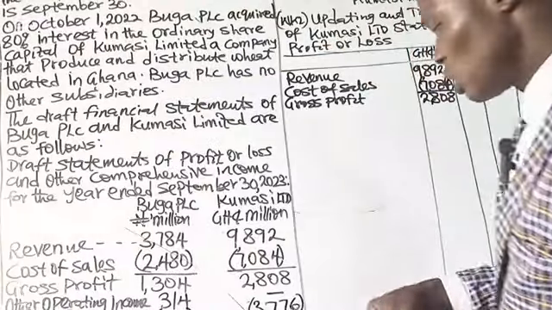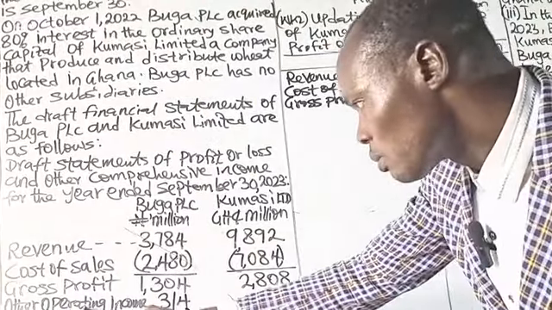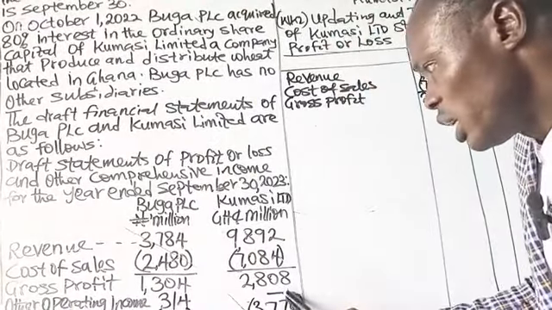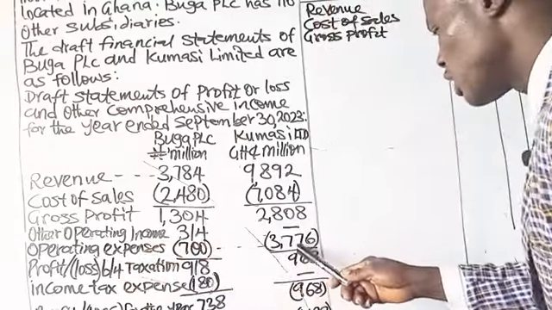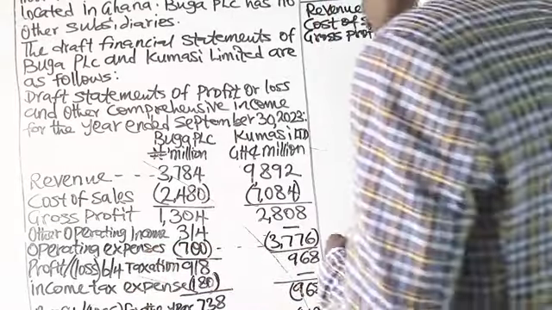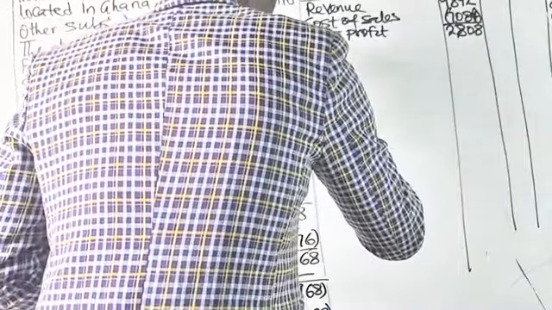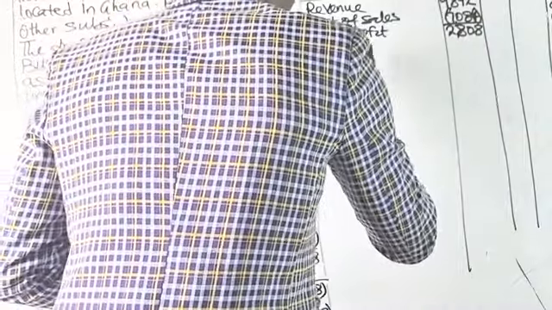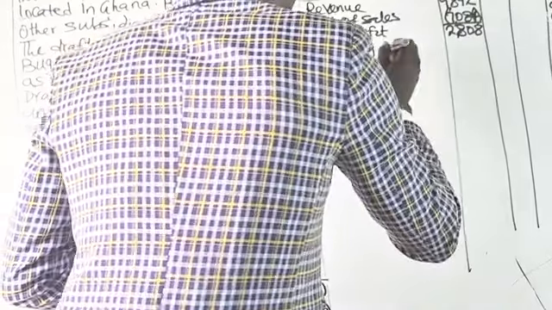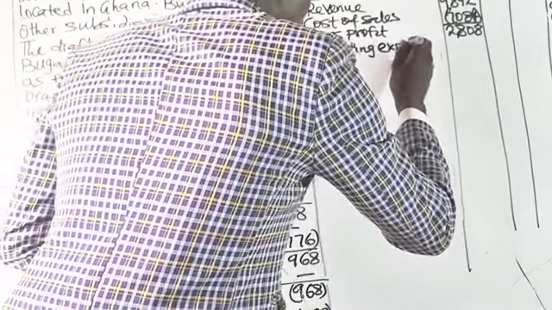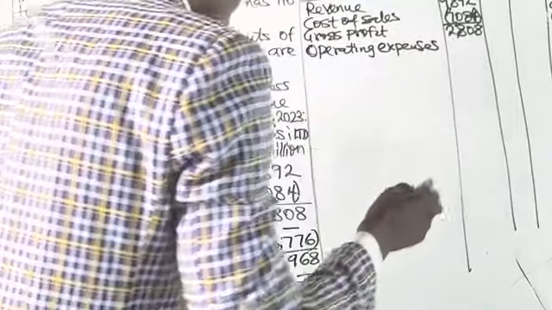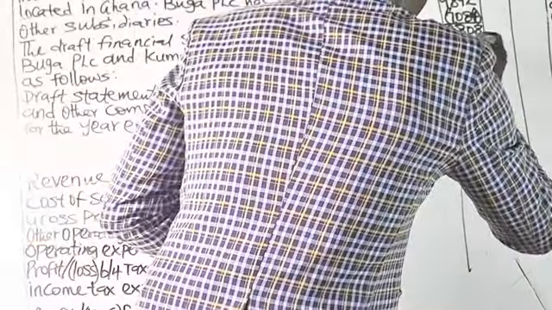After gross profit, we have operating expenses of 3776.